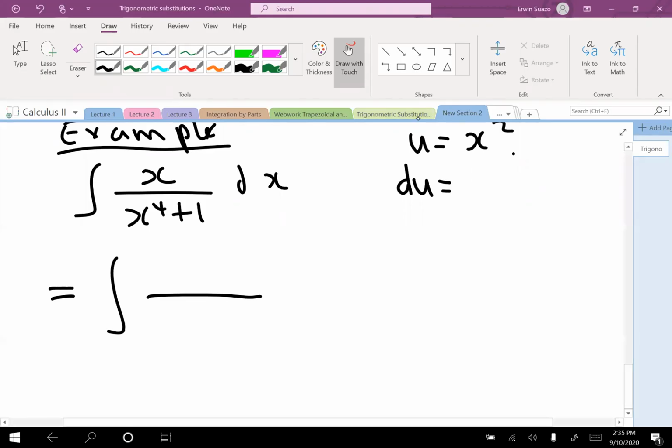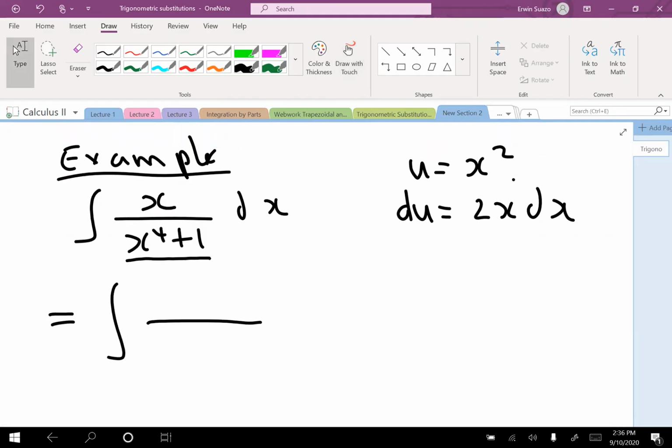So du will be 2x dx, right? So when I replace, instead of x to the 4 plus 1, what should I have? Instead of x to the 4, what should I have? u squared plus 1.